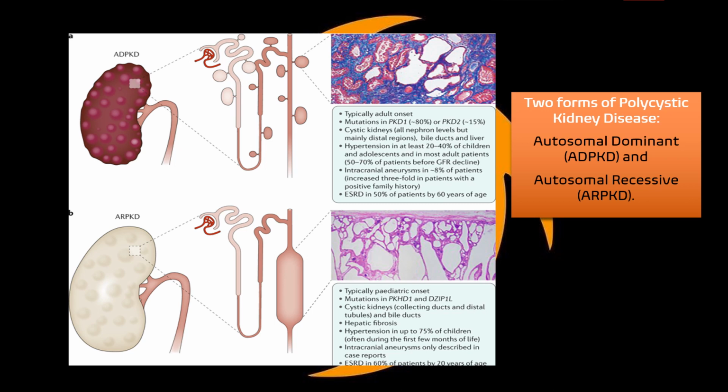In autosomal dominant polycystic patients, there can be evidence of intracranial aneurysms as well, wherein more than 8% of recipients have an increased threefold evidence where aneurysms can coexist as part of the ADPKD diagnoses.